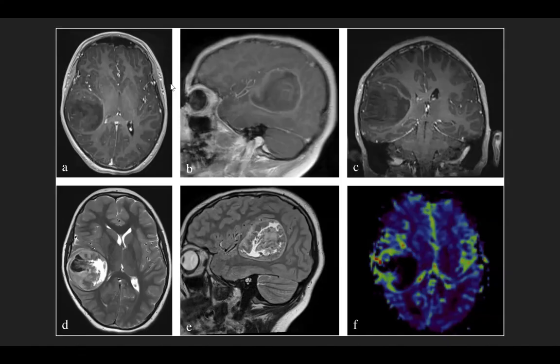Yes, ma'am. I have been providing multi-planar, multi-sequential images showing on T1. On T1, it is showing a well circumscribed heterogeneous mixed intensity lesion in the frontoparietal region, right posterior frontal region.